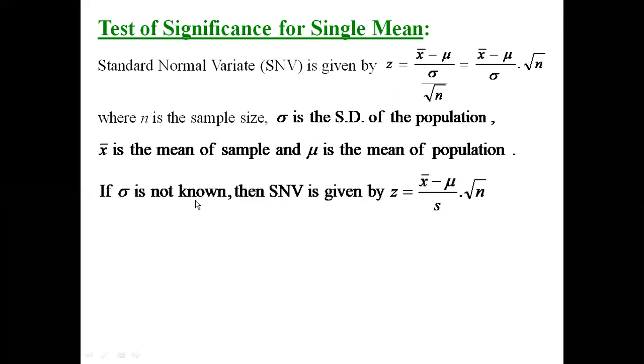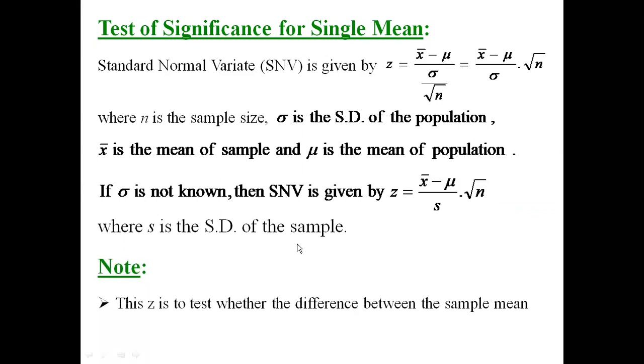Sometimes sigma will not be known to us from the given data. In such a case, the standard normal variate can use the formula Z is equal to (x bar minus mu) divided by S into square root of n. Instead of sigma, we can use S, where S is the standard deviation of the sample.